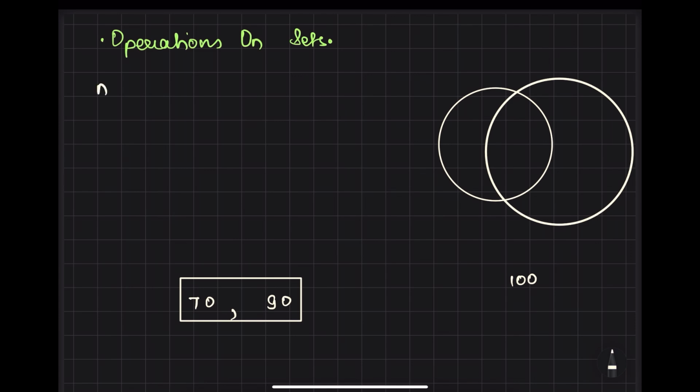We are interested in finding the number of persons in the set A union B. Suppose for the time being I wrote n(A) plus n(B), meaning the number of persons consuming tea plus the number of persons consuming coffee.